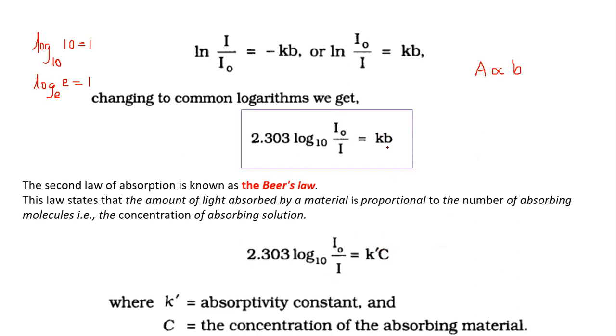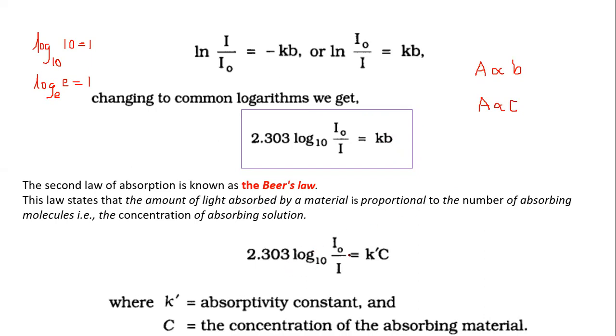For thickness, increase in the thickness was associated with increase in absorption, so we arrived at the relation absorption directly proportional to thickness. Can I not say now that absorption A is also directly proportional to concentration and arrive at this equation?